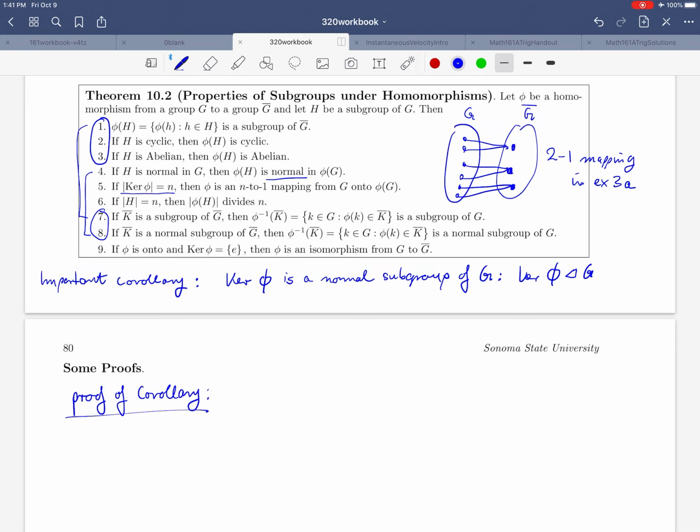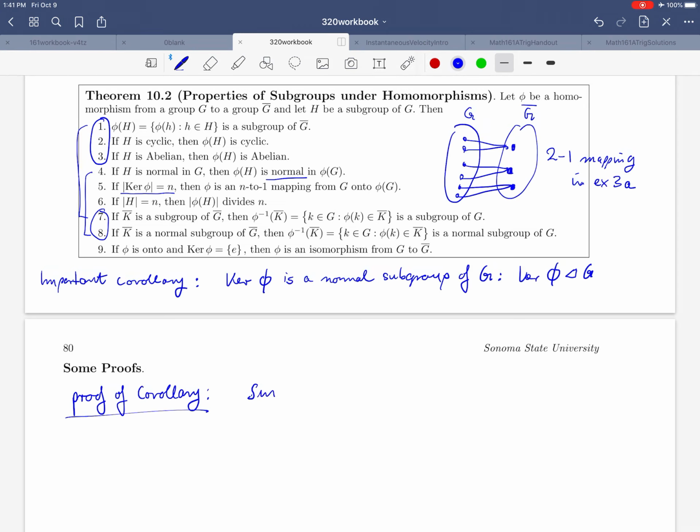So number 7 says that the inverse image of a subgroup is a subgroup, and the inverse image of a normal subgroup is a normal subgroup. And so if we can write the kernel as the inverse image of a normal subgroup in G bar, then we are done. And that is not that hard to do.